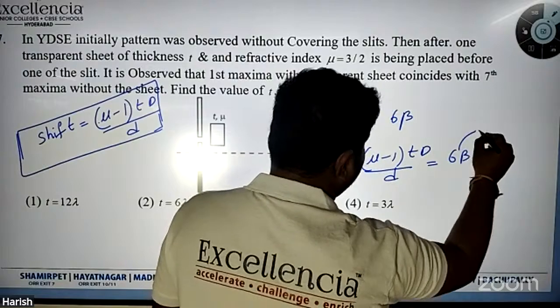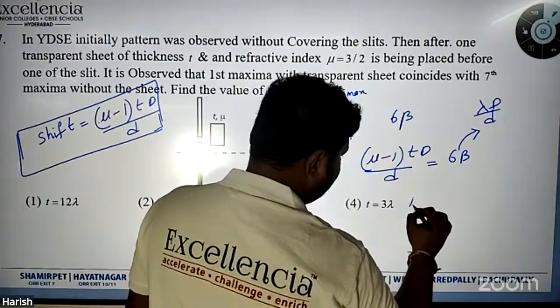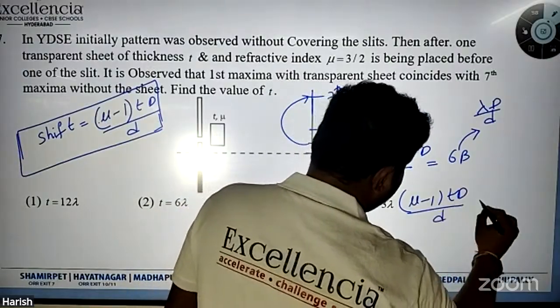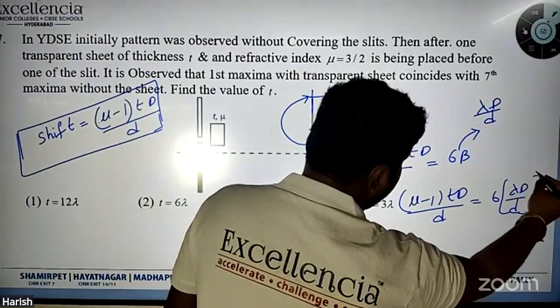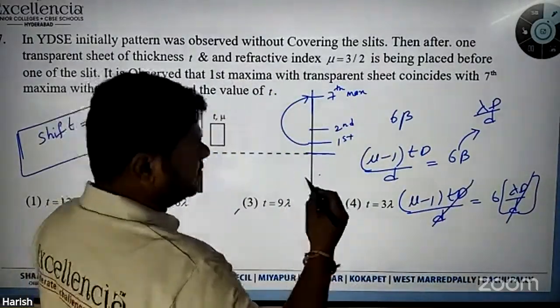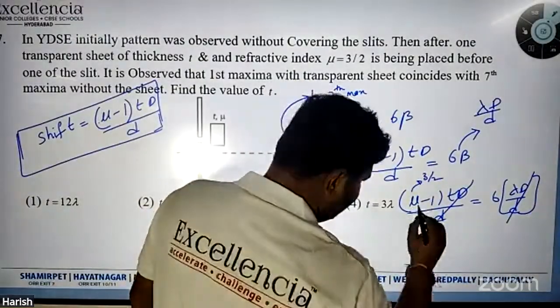And we even know the beta formula is lambda D by d. So it comes out to be (mu minus 1) t D by d is equal to 6 into lambda D by d. So D by d gets cancelled. Mu is given as 3 by 2, so 3 by 2 minus 1 is 1 by 2.